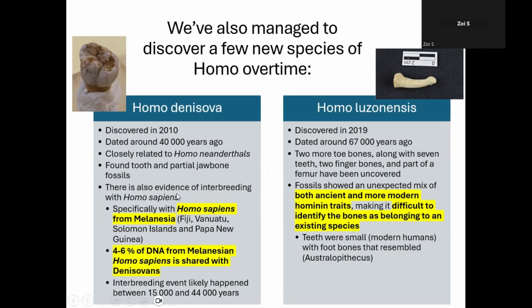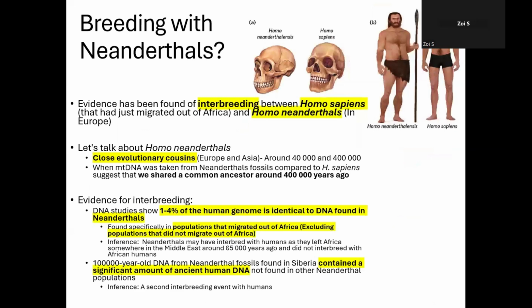With the Homo neanderthals, it's 1 to 4% of the human genome of most humans around the world, other than us African descendants, who will not share that 1 to 4%.